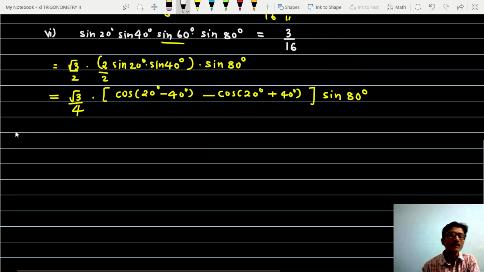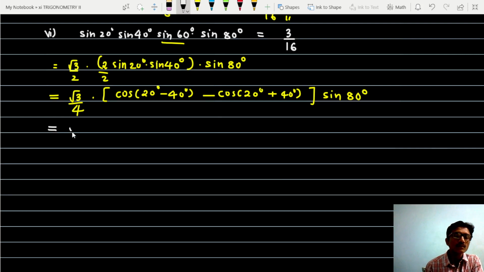This is √3/4 into cos of A minus B, that is cos of minus 20, minus cos of, ये होगा 60 degree into sin of 80 degree.